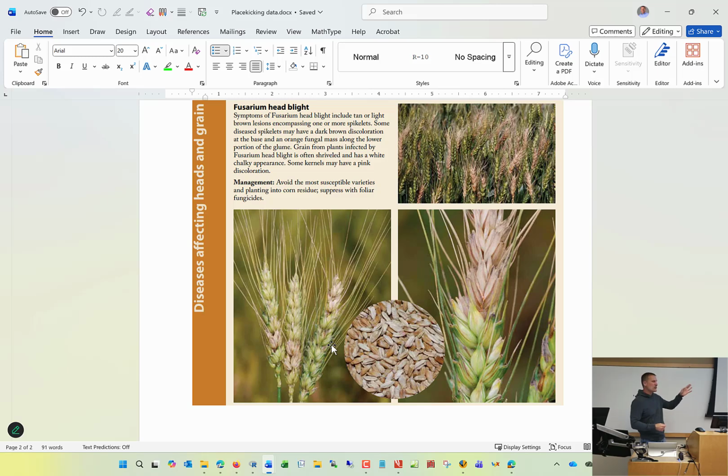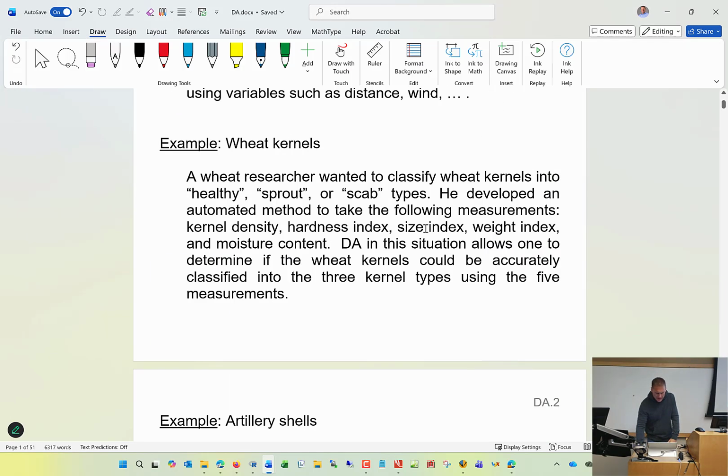That's what these whitish chalky ones look like. We had about 200 and some wheat kernels, and he looked at them all and made the judgment, was this healthy, sprout, or scab for each of them.